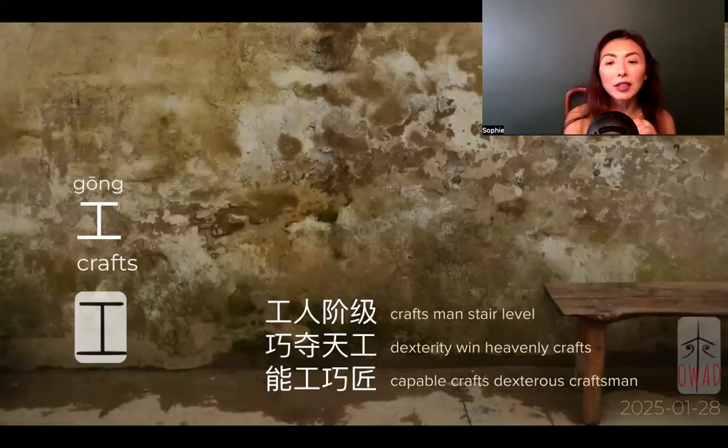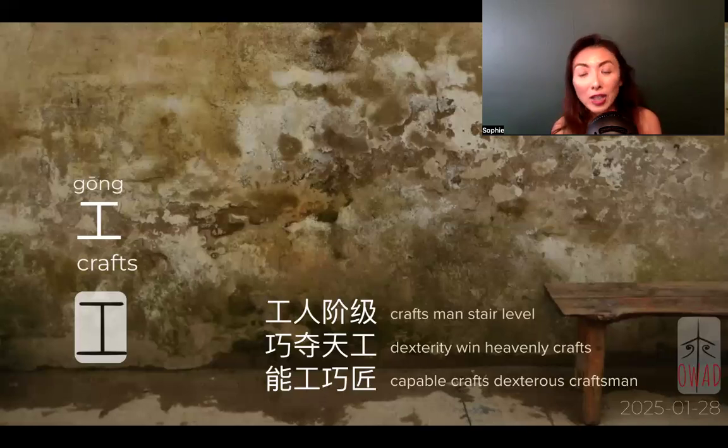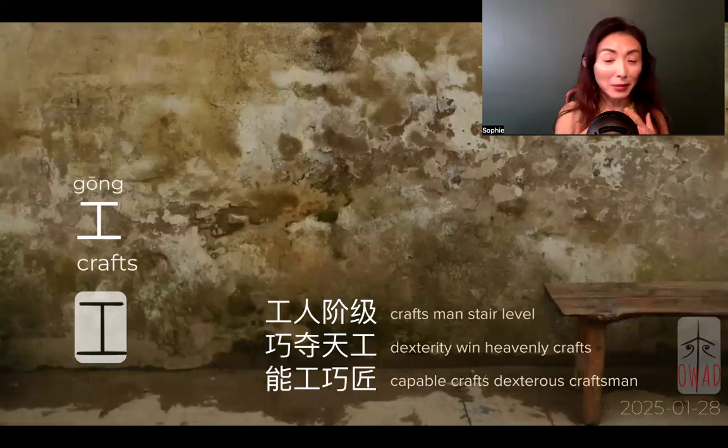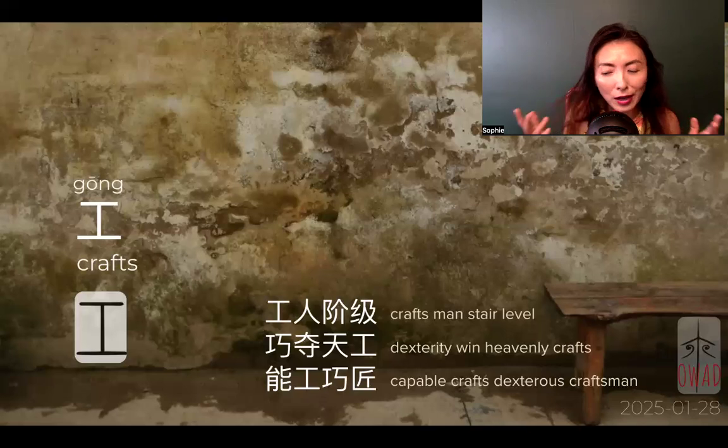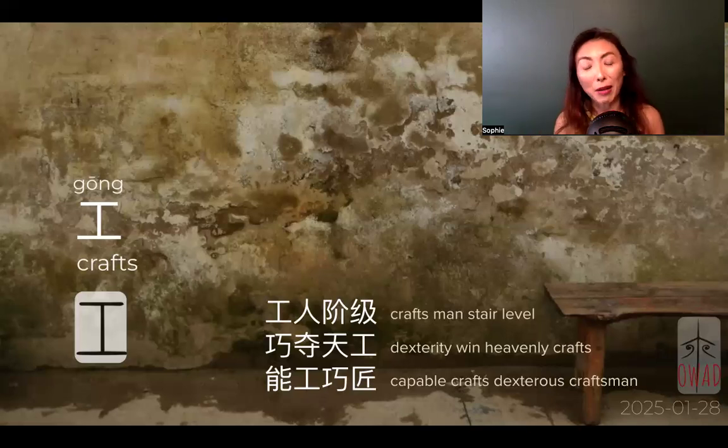And for 能工, we use capable to describe the engineering side. Capable means somebody who really has the know-how and can measure and calculate to make something just right so things don't collapse. In that sense, it's probably a higher level of skill set. But they are different. I'm not going to say engineers are better equipped than craftsmen. No, definitely not, because craftsmen can be amazing.